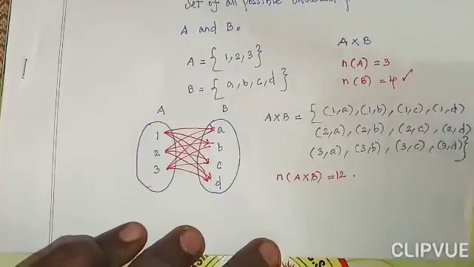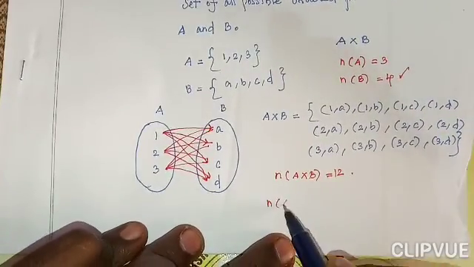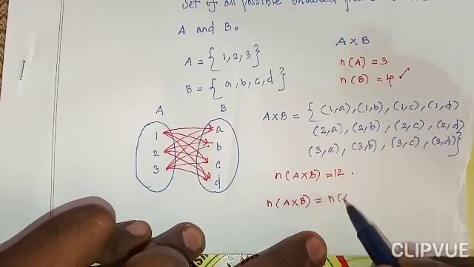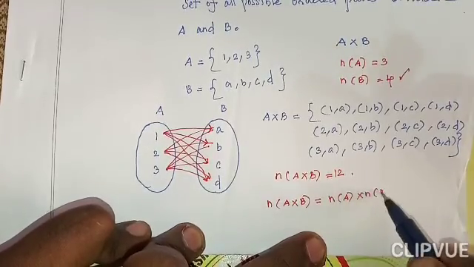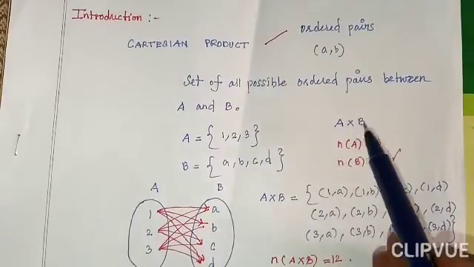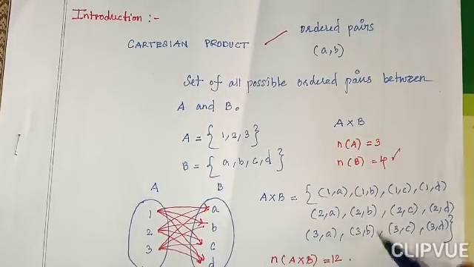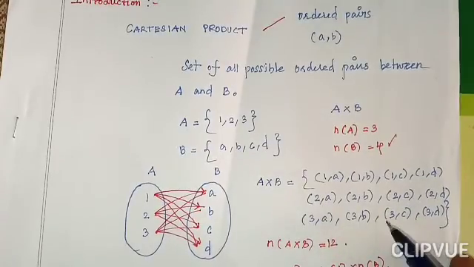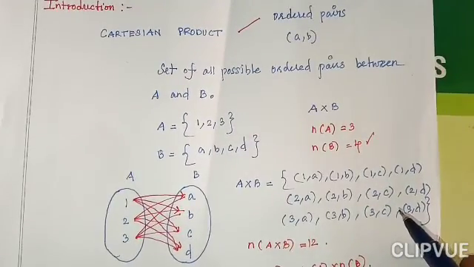So n of A cross B equals n of A into n of B. A cross B has 12 elements, 12 ordered pairs.